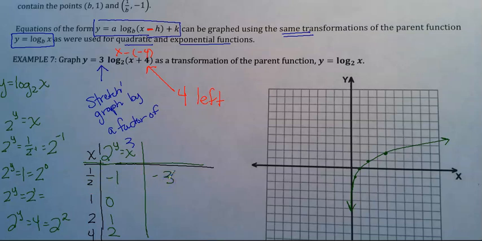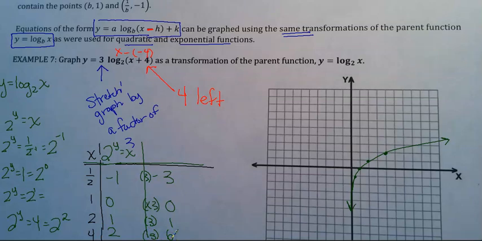We're just multiplying by 3 here, right, to stretch this. So 0 times 3 is still 0. 1 times 3 is 3. And 2 times 3 is 6.